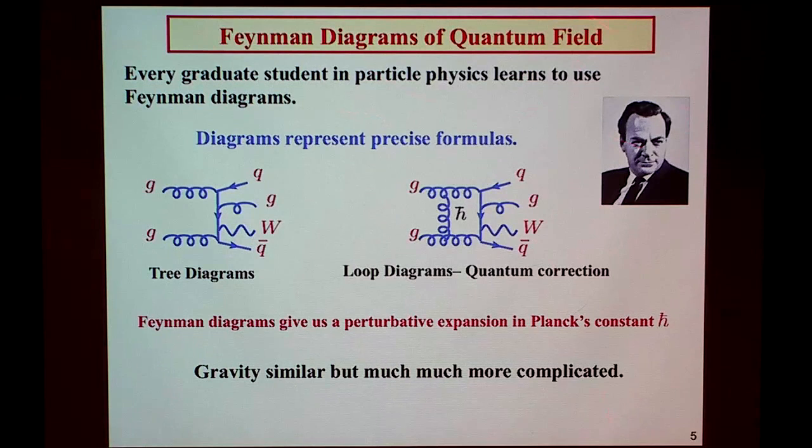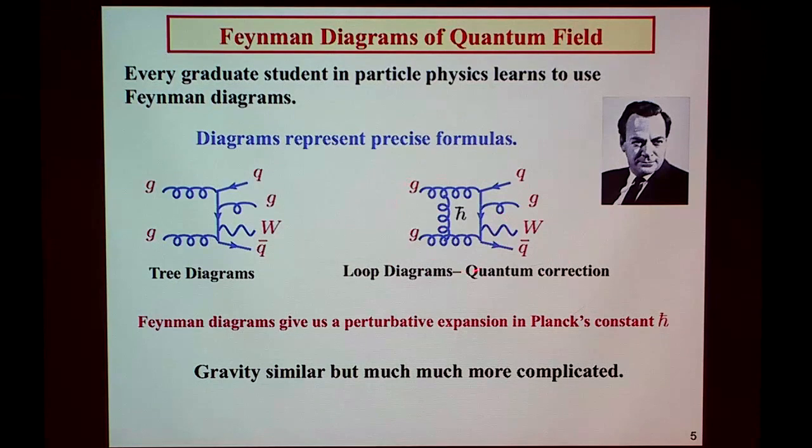So quantum field theory, well, at least if we do expansions in h bar, that's Planck's constant, then we usually describe quantum field theory through these Feynman diagrams. So these are pictures, but they represent algebra. Say this would be gluons interacting to give quarks and W bosons, and this would be a loop correction.